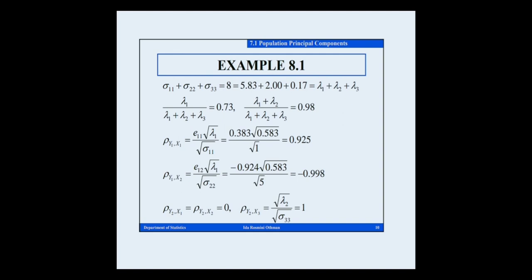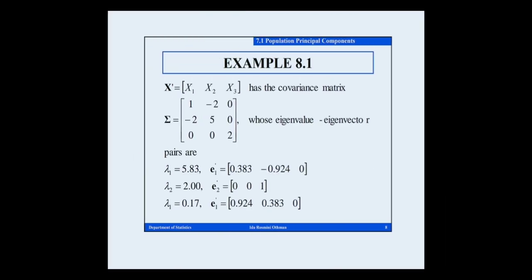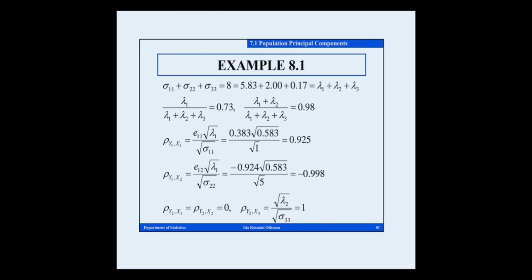Itu adalah total of variance of x. Total of variance of y pula adalah total of lambda, which is you add all this lambda ataupun eigen value, you akan dapat jawapan yang sama 8. So terbuktilah kita punya theorem tadilah. We can say that the summation of variance of xi equal to summation of the variance of yi. Maksudnya summation total of variance of variables equal to total of the variance of principal component.